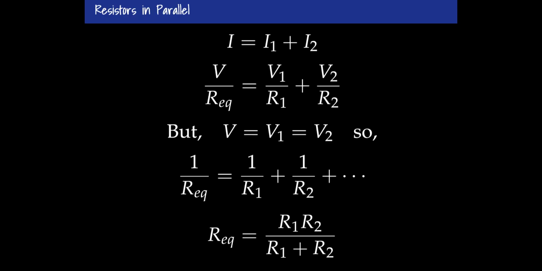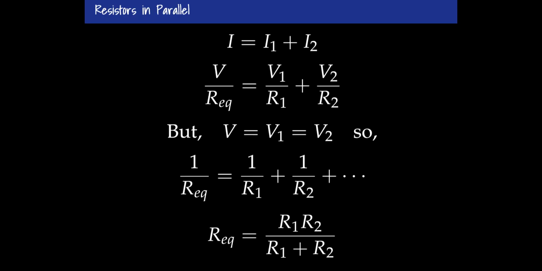So what I'm going to do is combine these fractions, 1 over R1 and 1 over R2, so I can write one equivalent law. When resistors are connected in parallel, the equivalent resistance is R1 times R2 divided by R1 plus R2. Obviously, not as simple a relationship as resistors in series. Everybody likes resistors in series better, R1 plus R2 plus R3 plus R4.